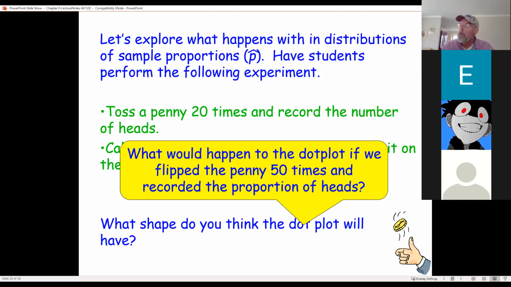Since we're increasing the sample size, would the variability decrease? That's right. And what we saw with the sample mean occurs with the sample proportions. The distribution will get smaller in terms of its variability.